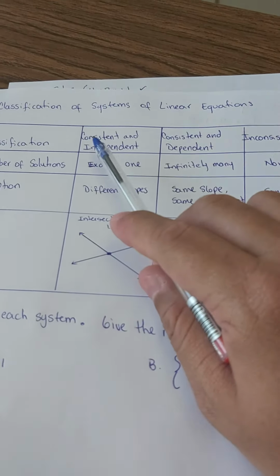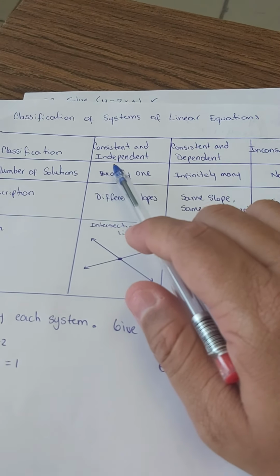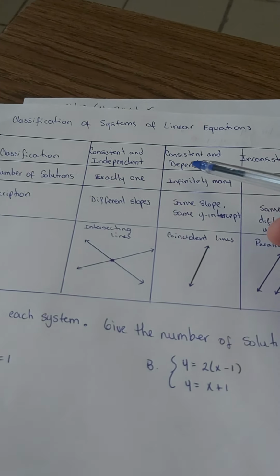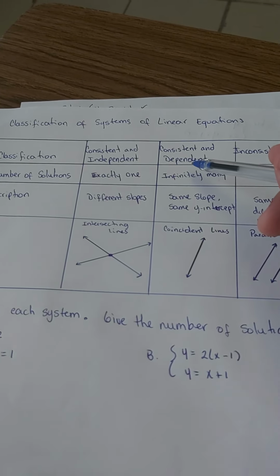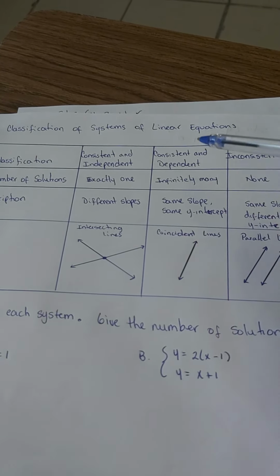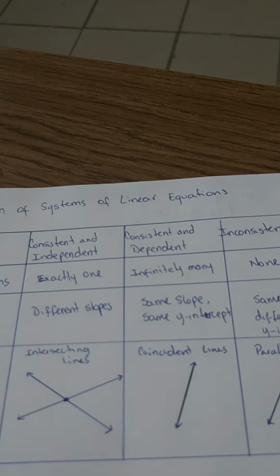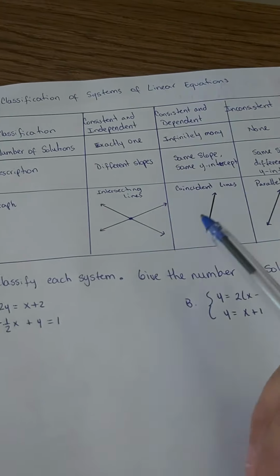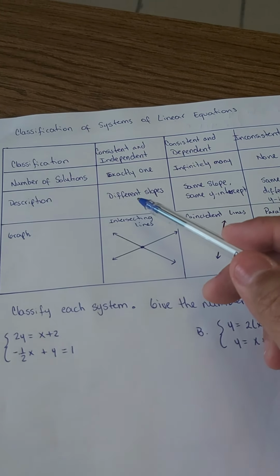If the system is consistent and it has one solution, then the system is independent. If the system has infinitely many solutions, then it will be dependent. An inconsistent system has no solutions.